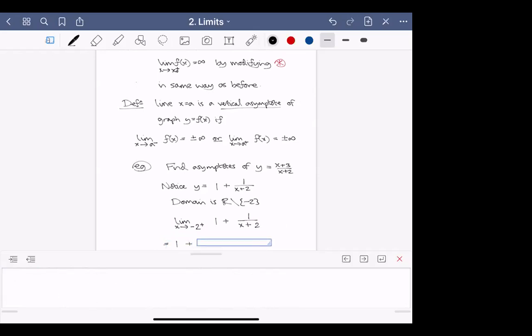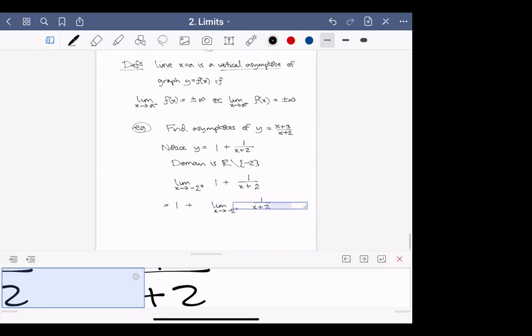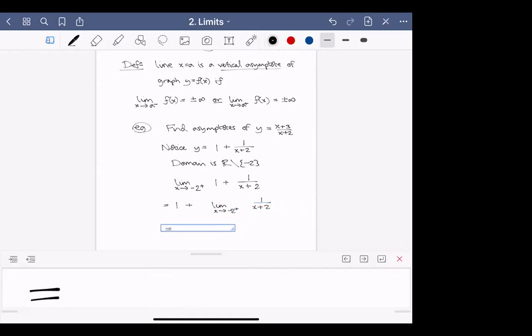Well, by the limit law, it's 1 plus the limit of this. But 1 over x plus 2 is just a composition of functions. Add 2 and then do 1 over x. And we know the limit of 1 over x as x goes to 0 from above.